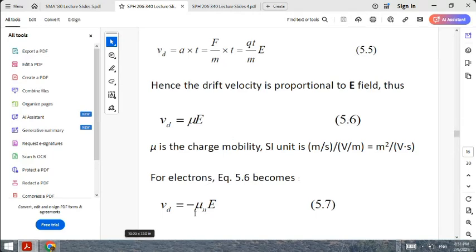If I want the mobility of an electron, then mu becomes negative. Therefore, we can determine the drift velocity from the charge mobility and the electric field, giving us equation 5.7.